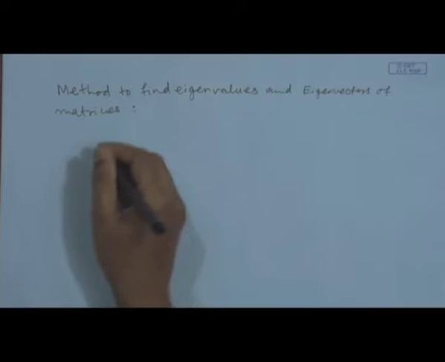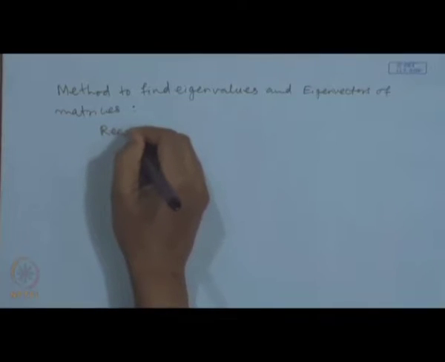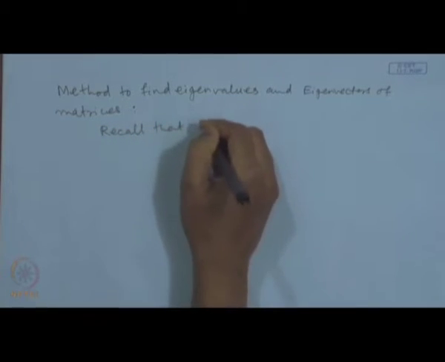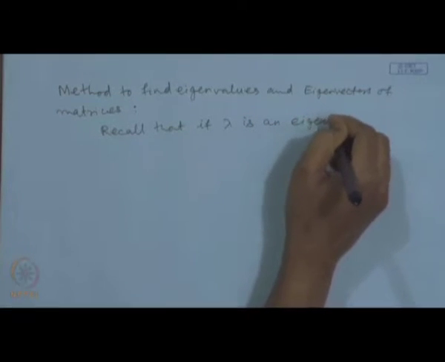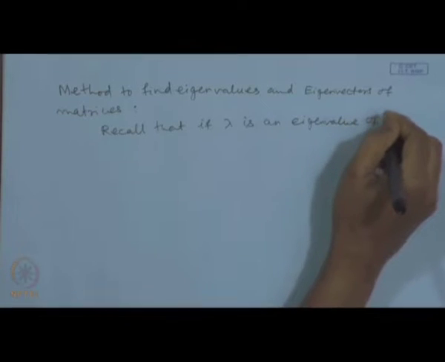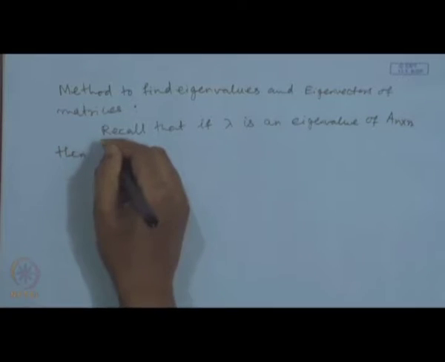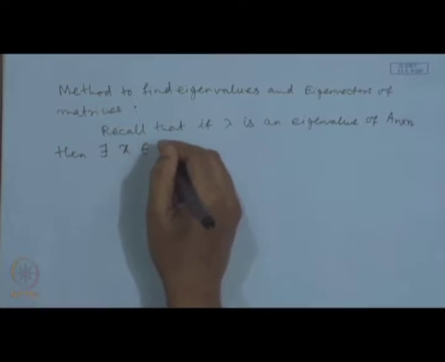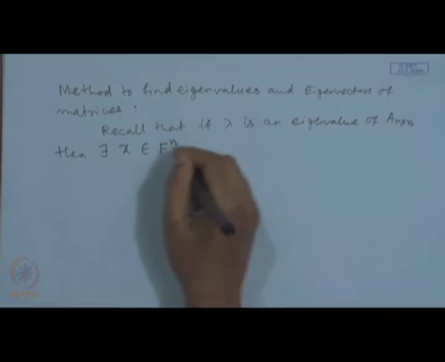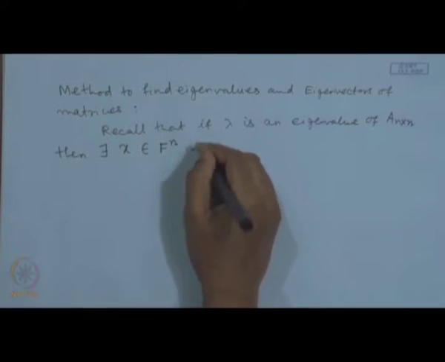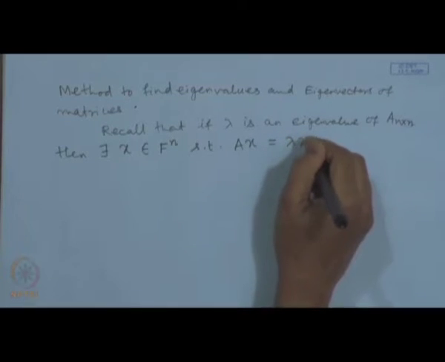Recall that if lambda is an eigenvalue of a matrix A of size n by n, then there exists a vector x in this vector space F^n such that Ax is equal to lambda x.